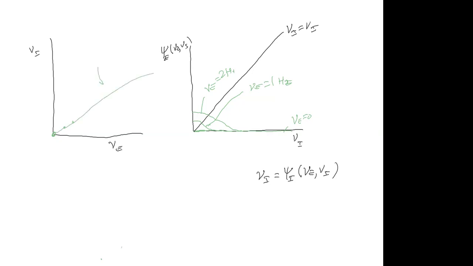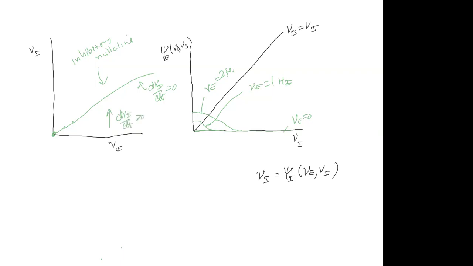So this is the inhibitory nullcline. The inhibitory nullcline is boring. It just goes up. And remember, d nu I/dt equals 0 here. If you're down here, if there's not enough inhibition, d nu I/dt is greater than 0.